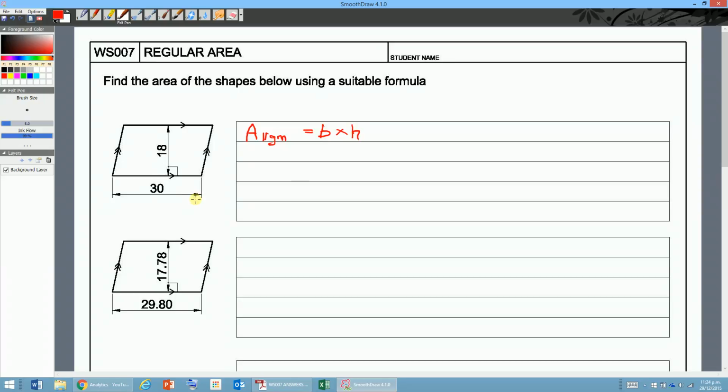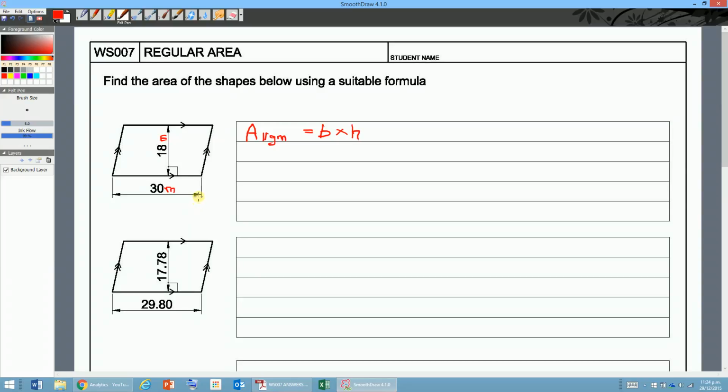Now it could be expressed in other ways, but essentially this is the base here, 30, and that's going to be meters, because if it's nothing, I always assume it's meters, because we work in a metric country, so that would be 18 meters. So it's base times height.